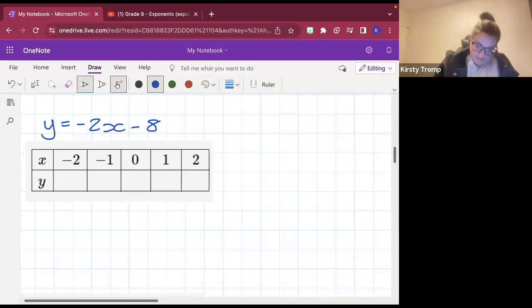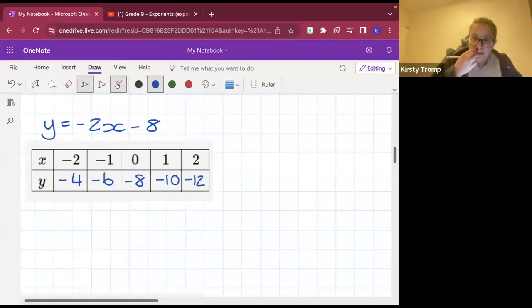So, ma'am, negative 2x is going to be y negative 4. Negative 4, good. And then negative 1 is going to be negative 6. Negative 6. And then negative 8. Cool, negative 8. Negative 10. Awesome. Fantastic. Well done. And while you're here, do you want me to give me the coordinates at the same time?